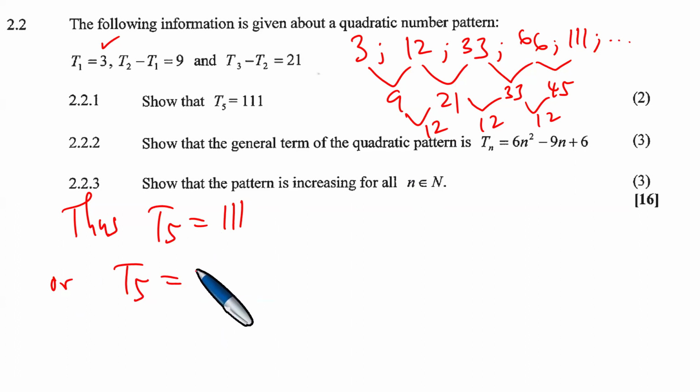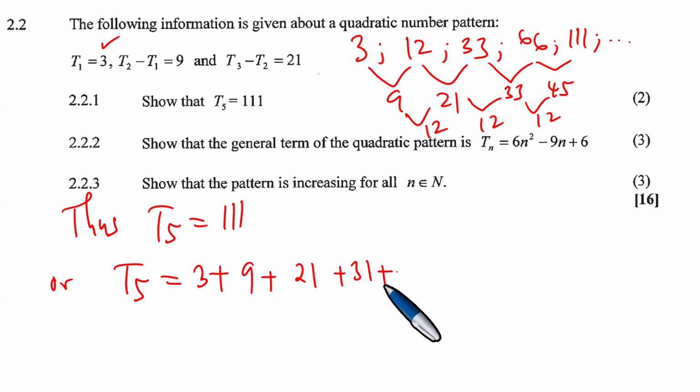So to get the fifth term, there are a couple of things that we are able to do. To get the fifth term, we can see what we did. You can take the first term, and then add 9, and then add 21, and then add 33, and then add 45.